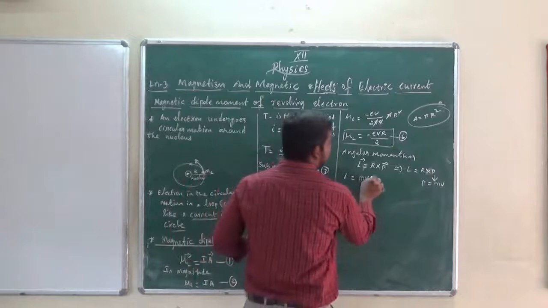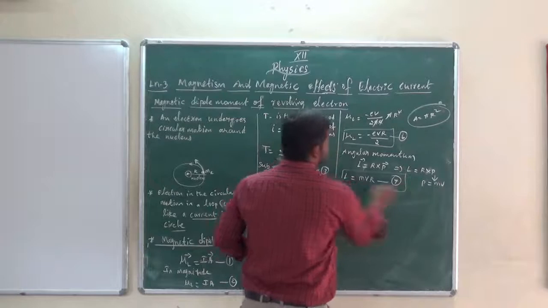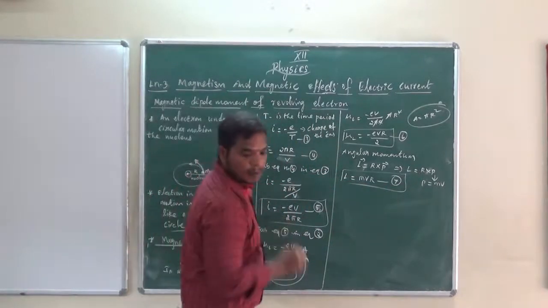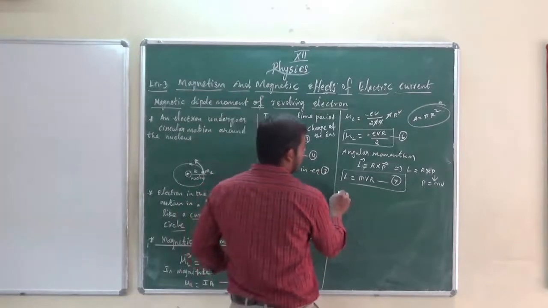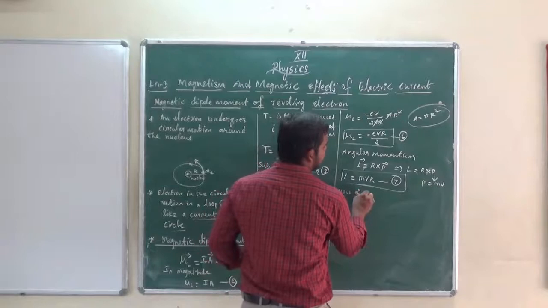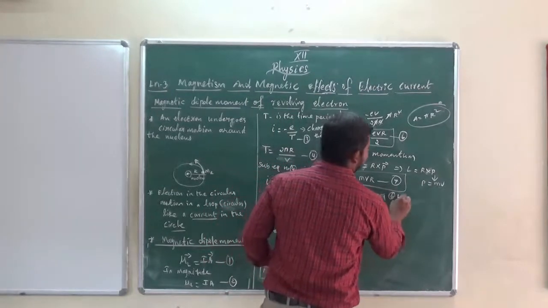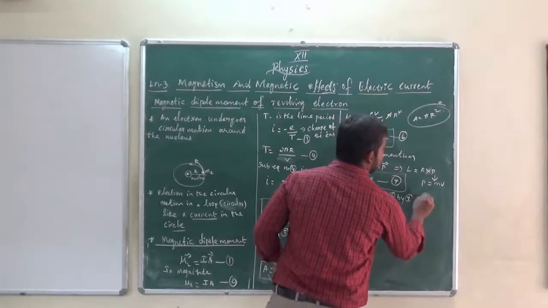So L equals mvr. This is equation number 7. Now divide equation 6 by 7, that means 6 divided by 7.